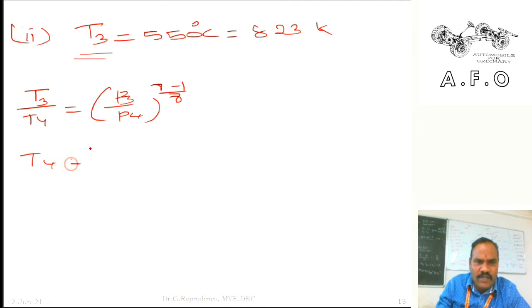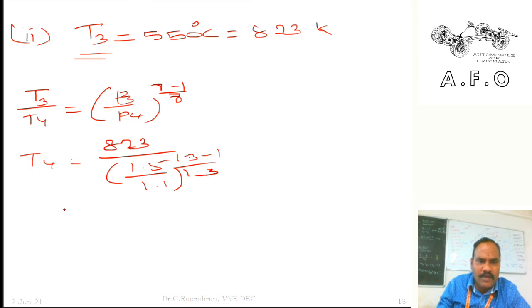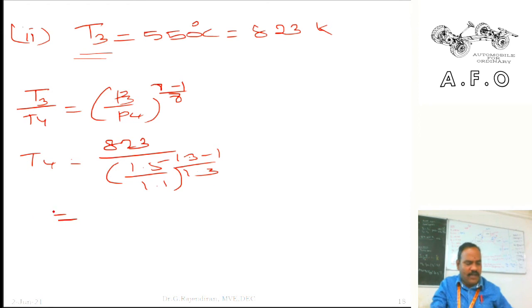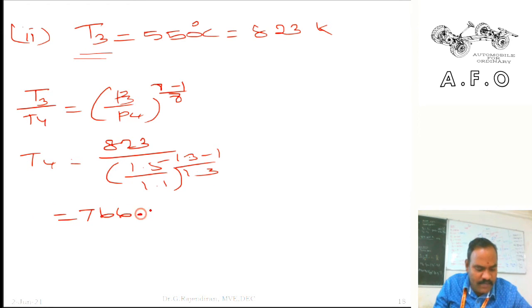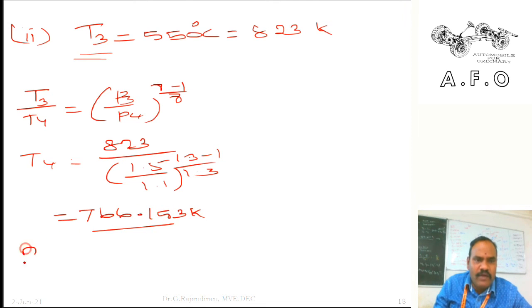Then T3 is equal to 823, divided by (1.5 divided by 1.1) whole to the power (1.3 minus 1) divided by 1.3. So you get T4 is equal to 766.153 Kelvin.